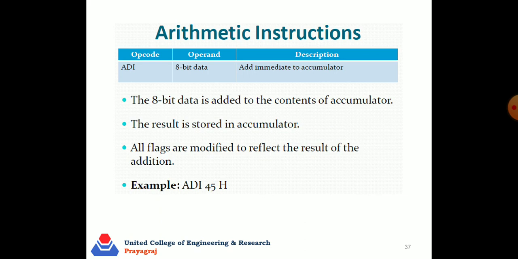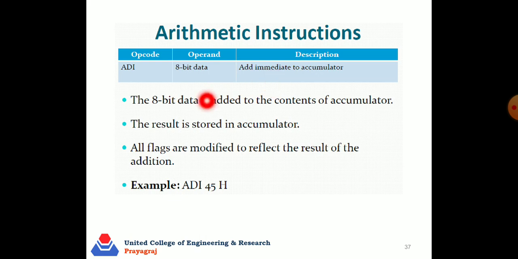Next, ADI. As we earlier discussed, I means immediate. AD stands for add, I stands for immediate. If immediate, that means the operand should be 8-bit data. Take the example ADI 45.